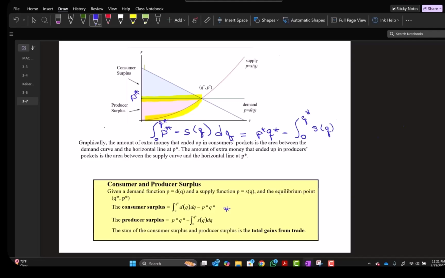And notice that happens to be how I find my producer surplus. And the sum of the consumer surplus and the producer surplus is the total gains from trade.